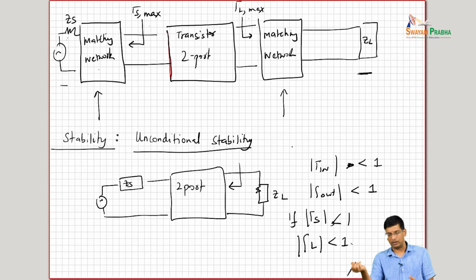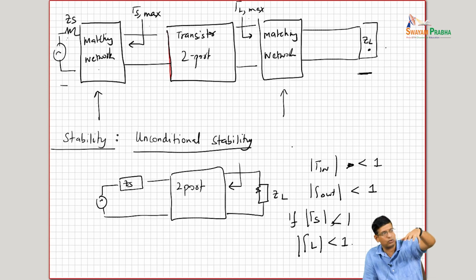Or another way to think about it is that, sure, you are going to drive only a known Z load, but it is highly possible that due to some variations or in some situations, your Z load changes and some other load is presented. Or if you are a transistor designer, you don't know what load people are going to present to it, right?